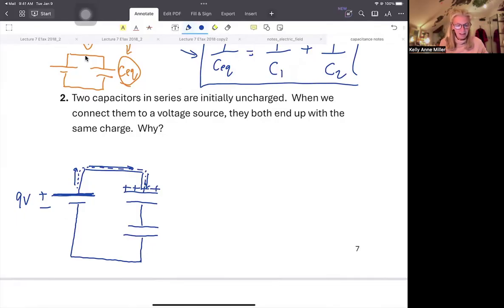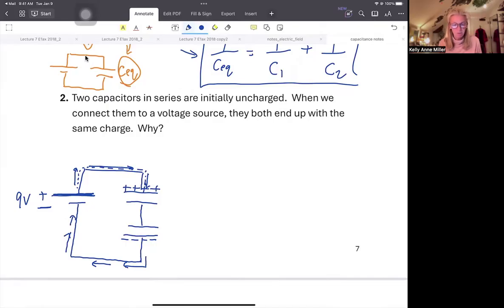At the same time, positive charge is flowing back to the negative terminal of the battery, along this wire, and it's leaving a deficit of charge on the bottom plate of the bottom capacitor. Again, it flows until this whole surface is at the same potential.